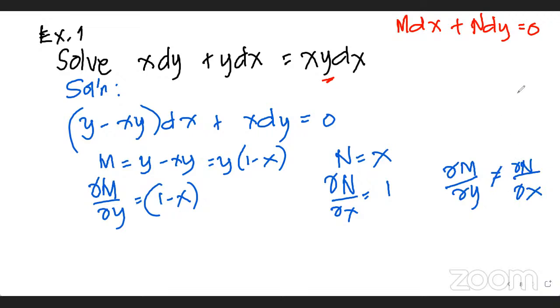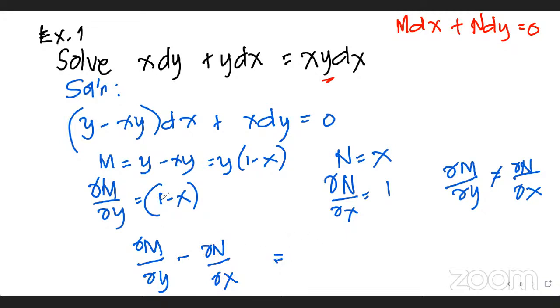Ang next step natin is to take the difference. Sige, huwag mo munang ilalagay kung ano yung divide kung m ba or n. Nakadepende yun sa result ng difference nila. So, partial of m with respect to y, i-subtract natin yung partial of n with respect to x. Mamaya mo na ilagay yung kung ano yung divide natin.